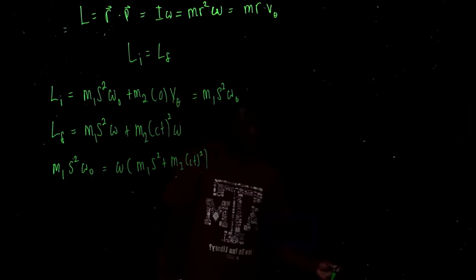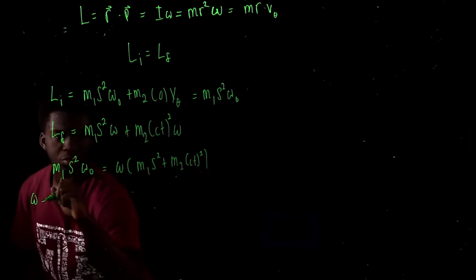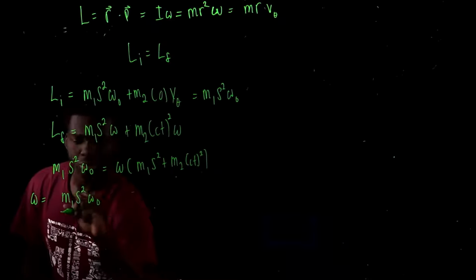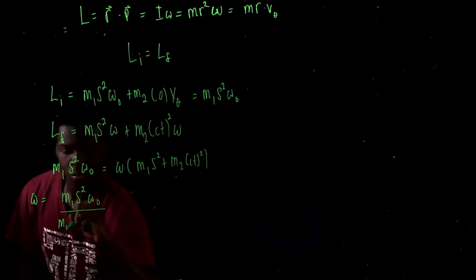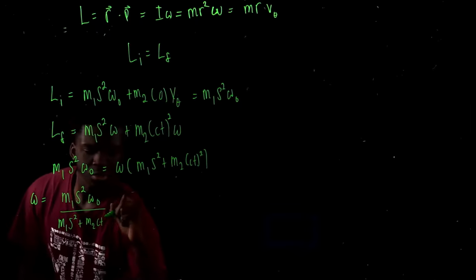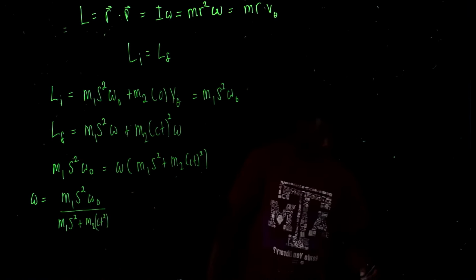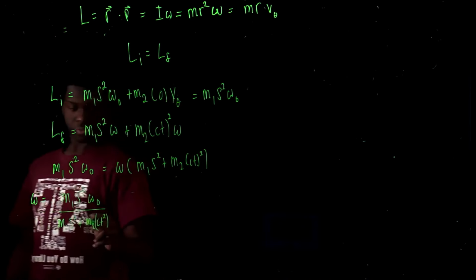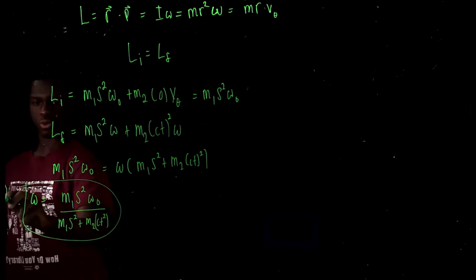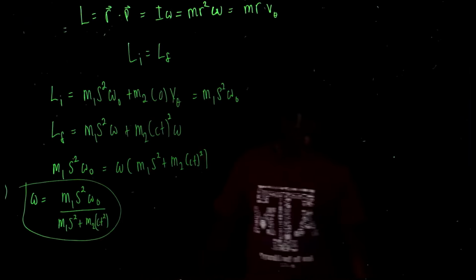Now to find omega, which is what we're trying to find, just divide both sides by that value. Omega is M1 S squared omega naught over M1 S squared plus M2 CT squared. And that should be the final answer. That's part A. So part A is done.